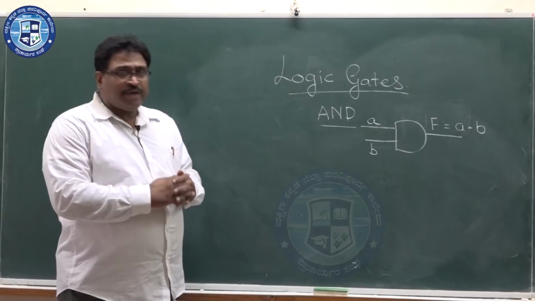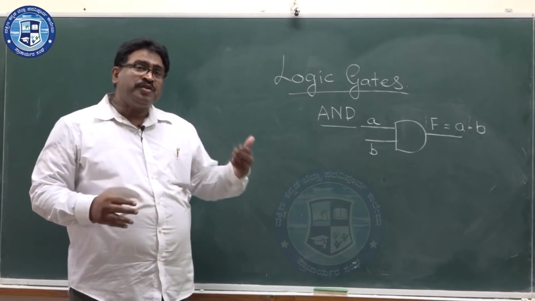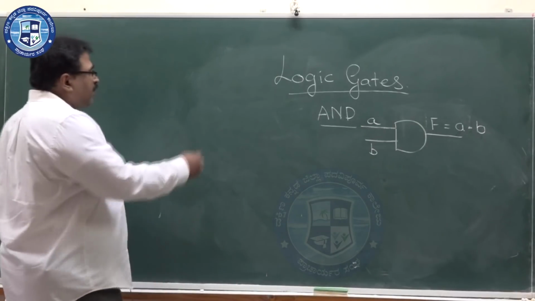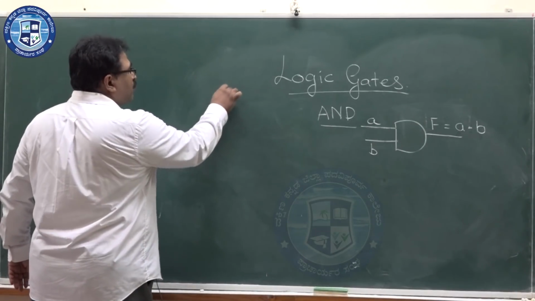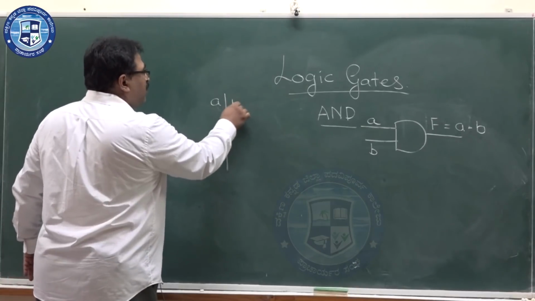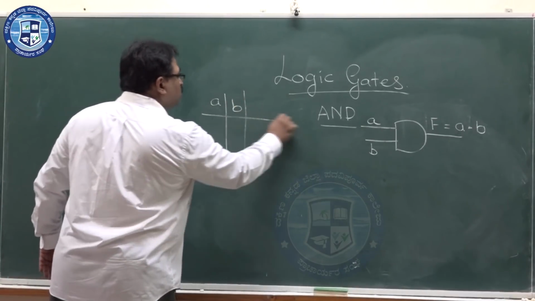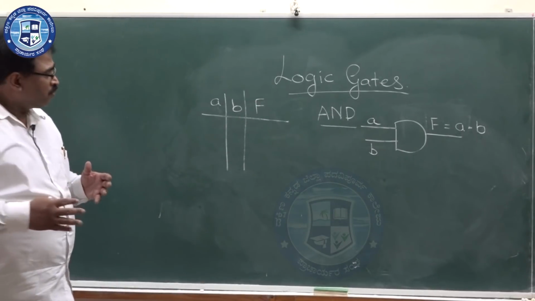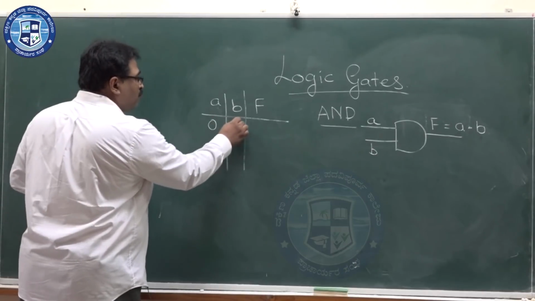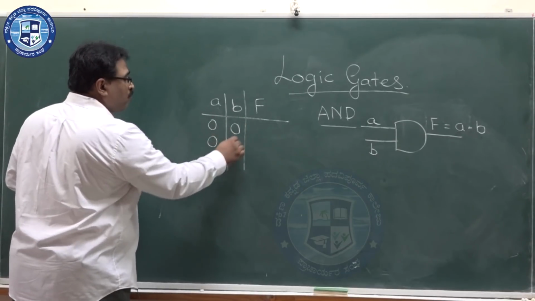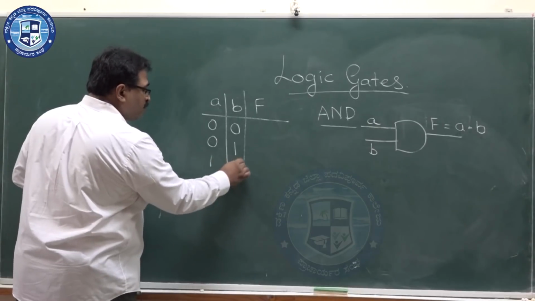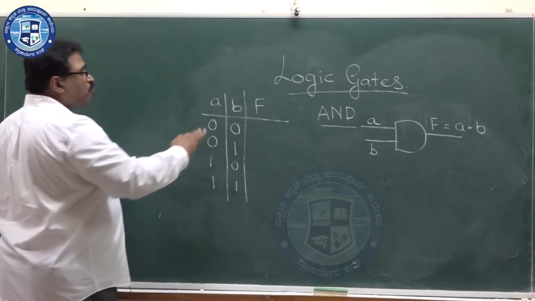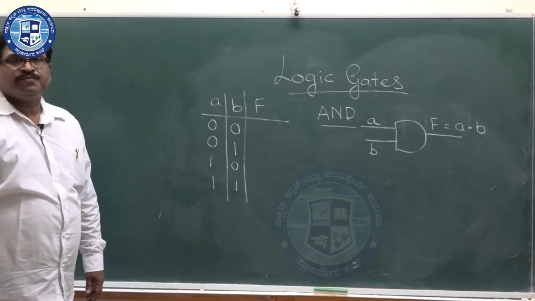Now we'll see the truth table. Already I've shown the truth table in the previous chapter, but let us see that again. Since we have two inputs A and B, what are the different possible combinations you can have? How many? 4. So we have 0, 0, 0, 1, 1, 0, and the last one is 1 and 1. These are the 4 possible combinations.